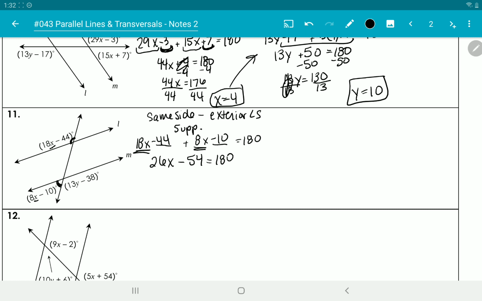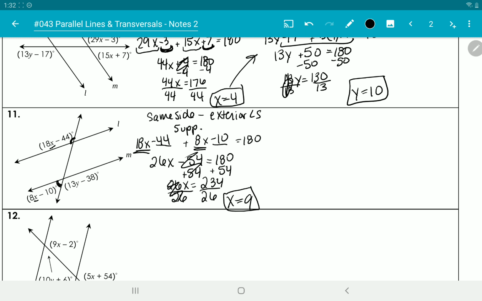So if we take this 54 and add it to the other side, we add it because it's subtracted, it's the opposite. We're going to get 26x is equal to 234. If we divide that by 26 on both sides, just to get the x, we're going to get x is equal to 9.